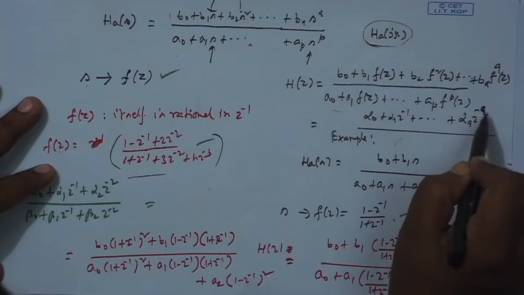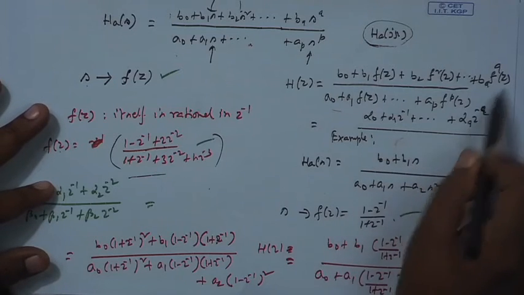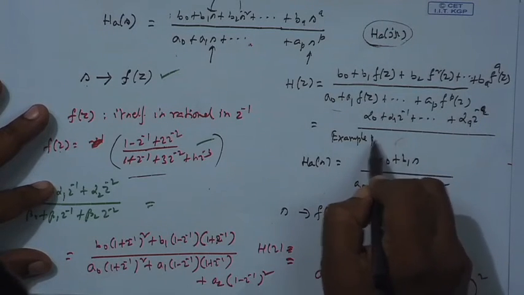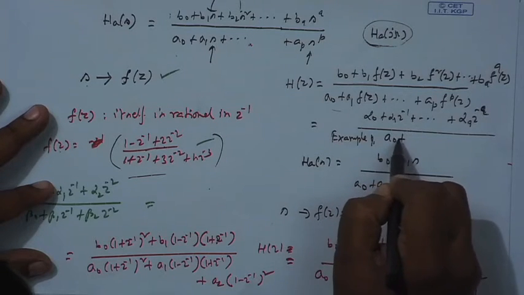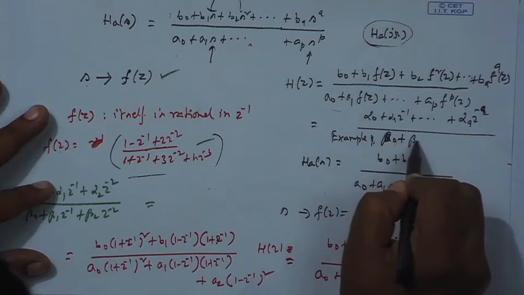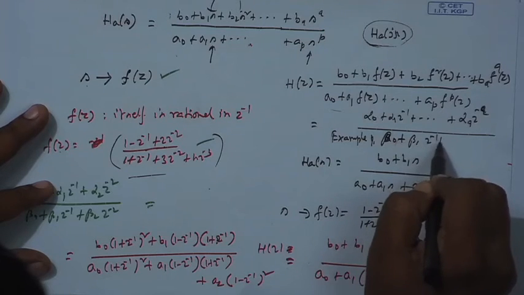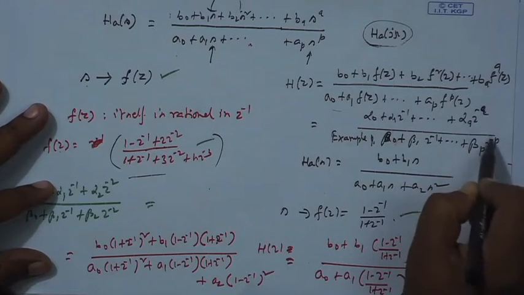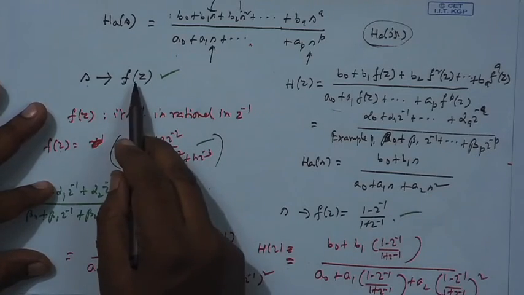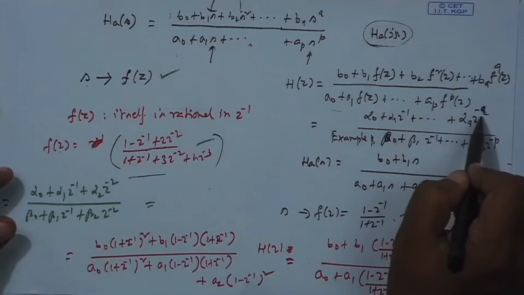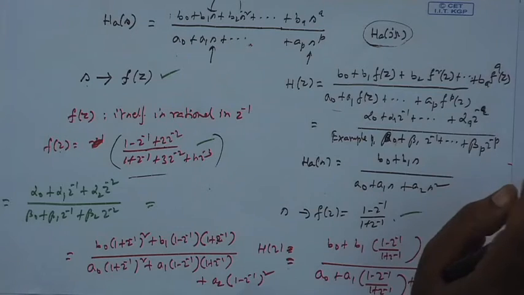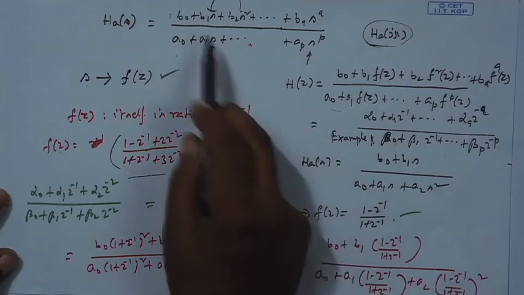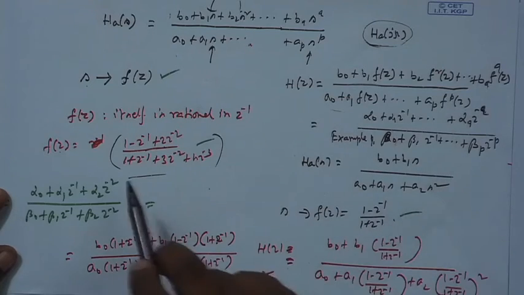I am taking same order q, it can be larger also, does not matter, it can be q prime, divided by beta 0, beta 1 z inverse plus dot plus beta p z inverse p. I am taking same order p and q, but depends on f(z). If f(z) has higher order terms, the numerator degrees will go up. Okay, remember that. But suppose I have substituted s by that and simplified, I got this.